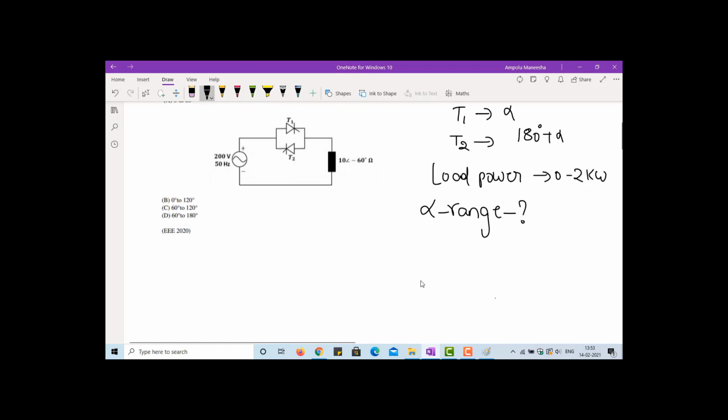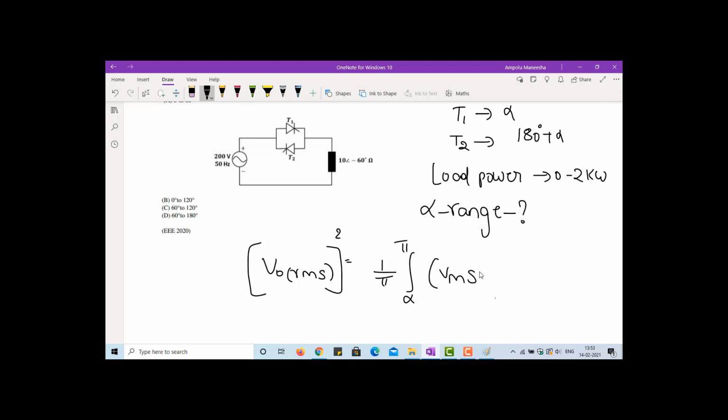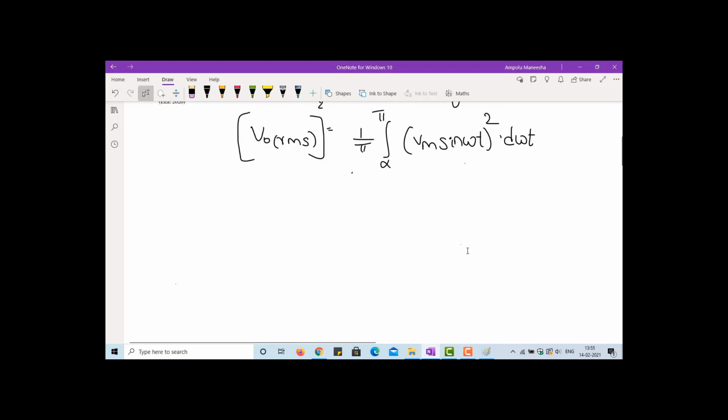So the output voltage of the AC voltage regulator is given by V0 RMS square, which is equal to 1 by pi integral alpha to pi of (Vm sin omega t) whole square into d omega t.